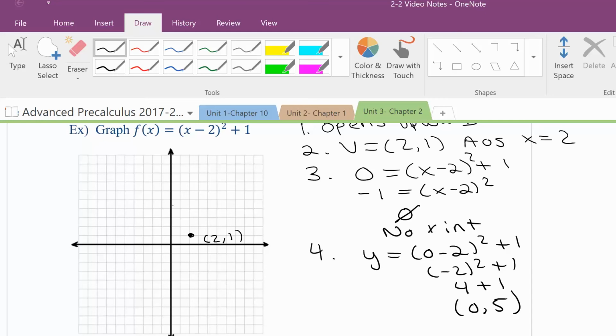The y-intercept is 5. And then the axis of symmetry is x equals 2, which means that if this is 2 spaces to the left, then you need a point 2 spaces to the right here, which is 4, 5, and then you can make your parabola using the symmetry.